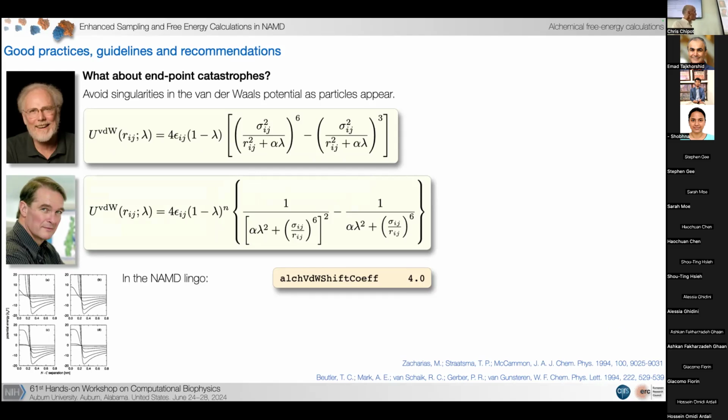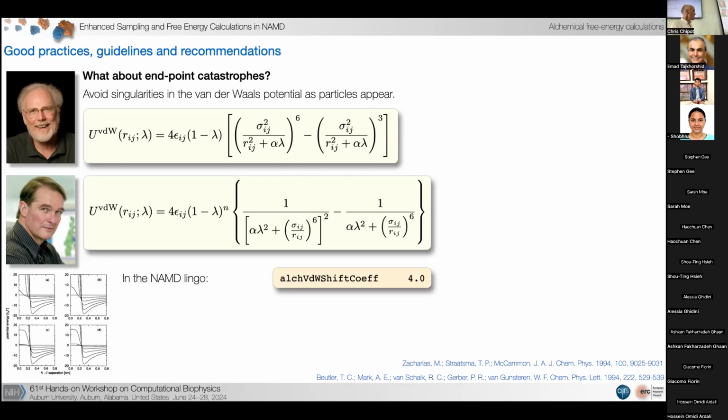So basically what you're doing is shifting your van der Waals term. It does not affect the net free energy change. It's just a correction, if you will, of this potential to avoid clashes with the surrounding solvent molecules.